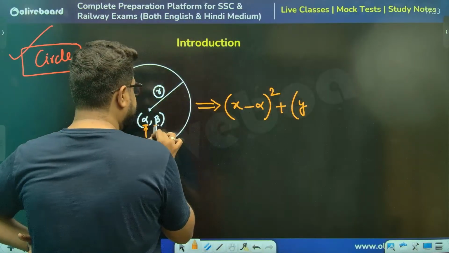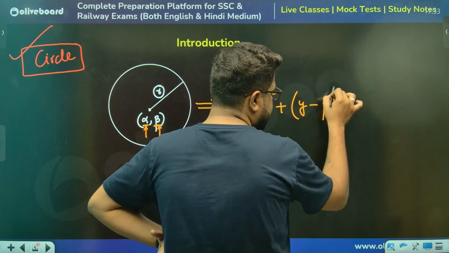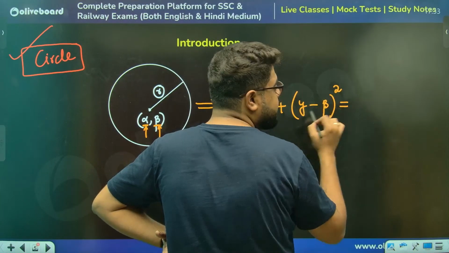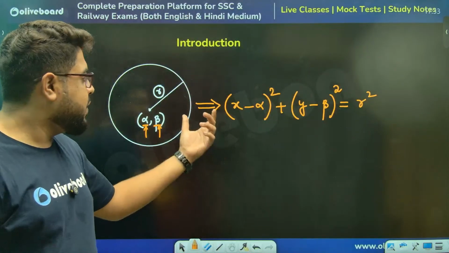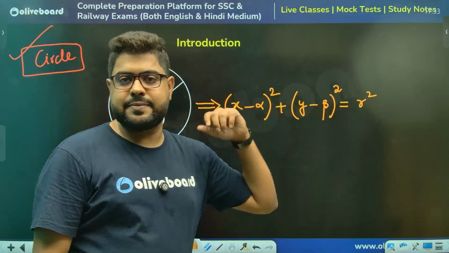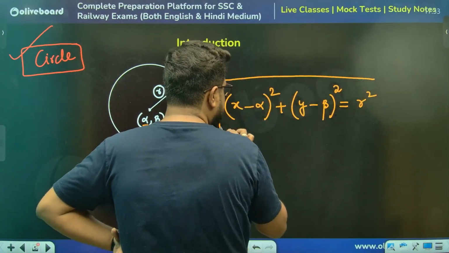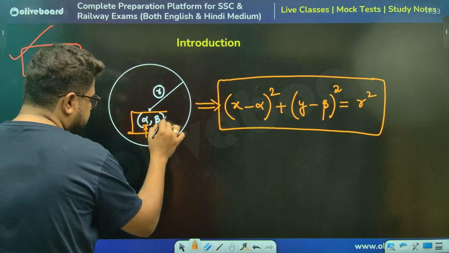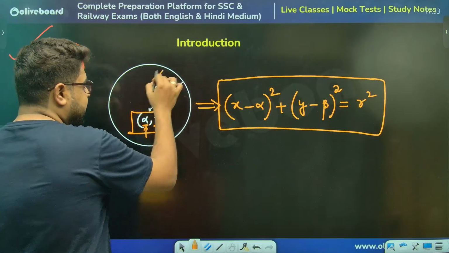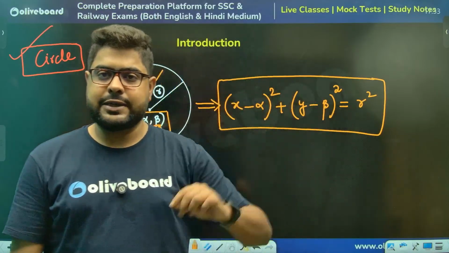The y coordinate is beta, so y minus beta whole square is equal to radius square. This is how, if you know the coordinates of the center and the radius, you find the equation of the circle.